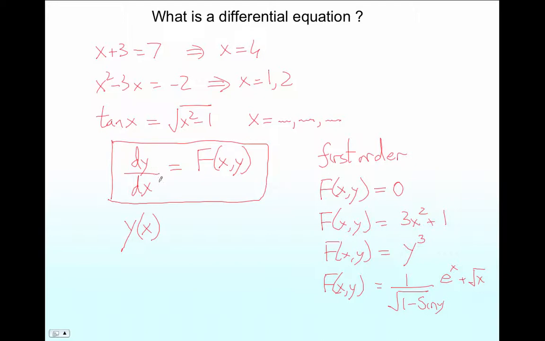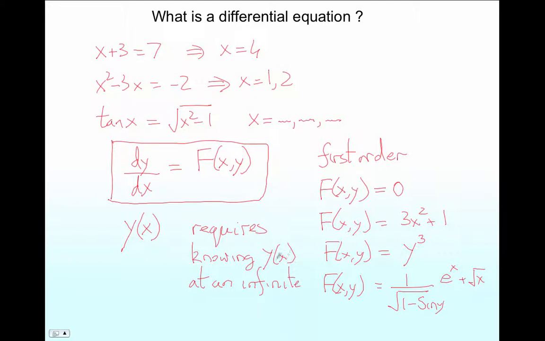Your job, or the job of anyone who is out to solve this differential equation, is to find y of x. Now that means you've got to find y of x for many, many different values of x. So this requires knowing the function, knowing y of x, in other words, at an infinite number of points.